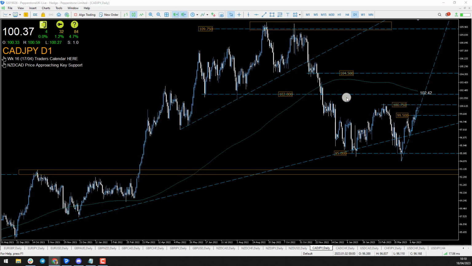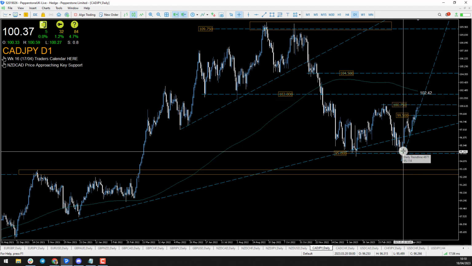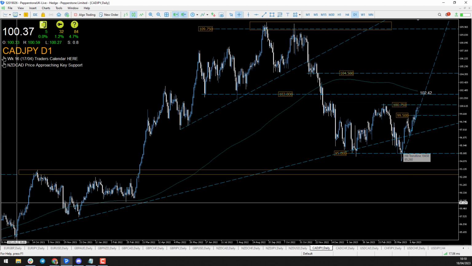If we jump onto CAD yen here, you can see I'm on the daily time frame. I've taken a zoomed out approach, because the last time we spoke about CAD yen was when it found support here at the 95 handle, and we were looking to see if CAD yen would trade lower if it held below this low. It didn't do that.